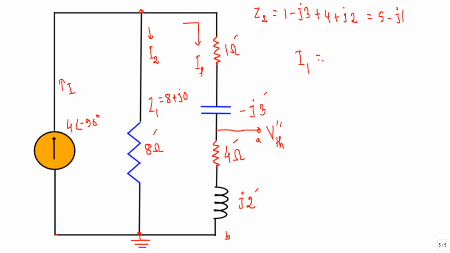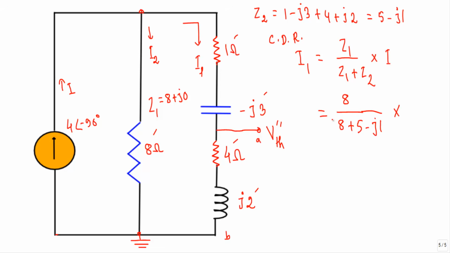Now see, how do we calculate I1? I1 will be equal to Z1 divided by Z1 plus Z2 into total current I. I am using the current divider rule. See, Z1 is only 8, divided by 8 plus 5 minus J1.